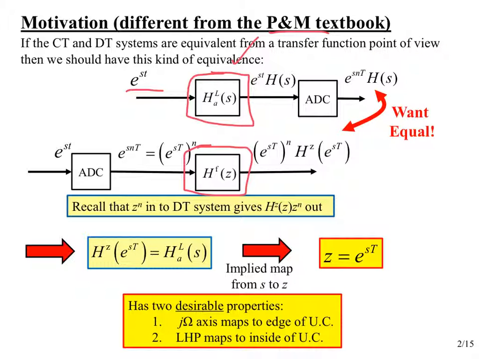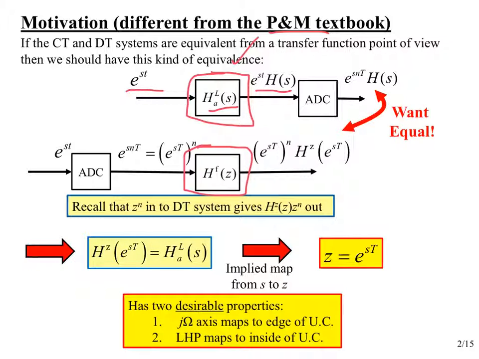Here we're thinking about s as being the general variable s, and then over here it's fixed at whatever the value is that goes in. So we could put an s sub 0 on this, and we would say e to the s sub 0 t goes into a transfer function H of s, and it comes out e to the s0 t times H of s0. So the transfer function would be evaluated at the point s is equal to s0. But it's a little easier to just leave it like this, notation-wise anyway.